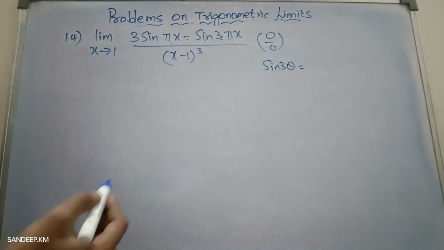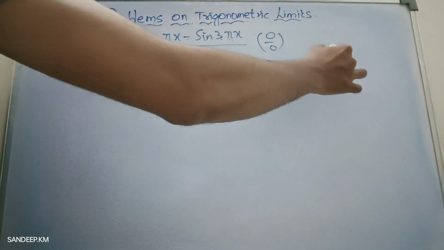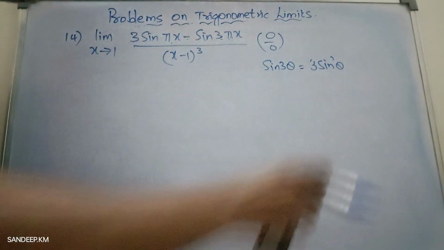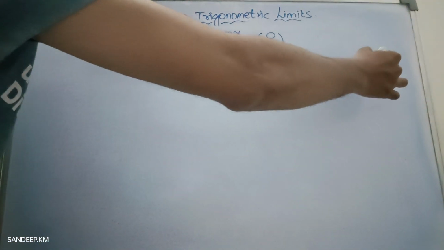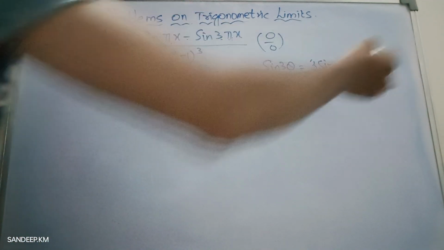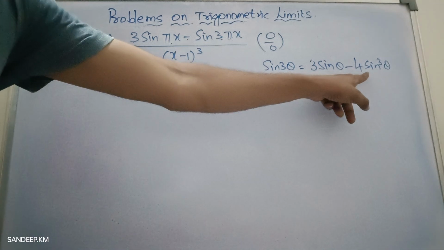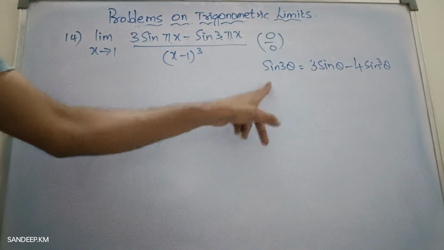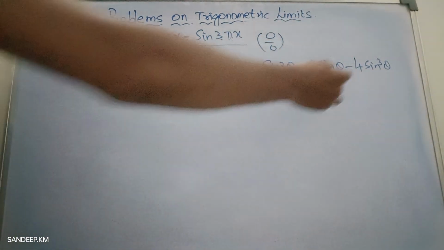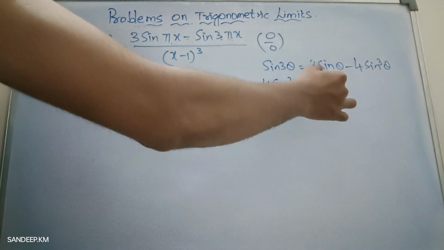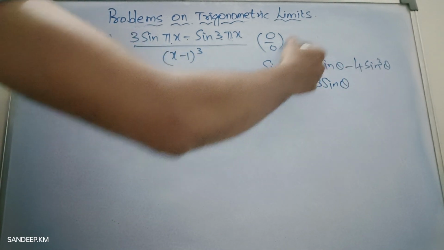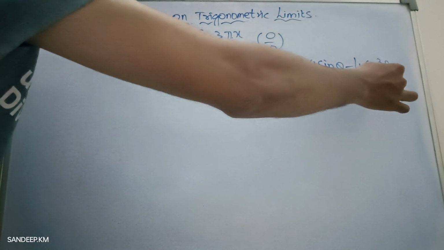Sin 3 theta is equal to what? 3 sin theta minus 4 sine cube theta. So now what I'm going to do is take this minus 4 sine cube theta to the left side and sine 3 theta to the right side. 4 sine cube theta is equal to 3 sine theta minus sine 3 theta.